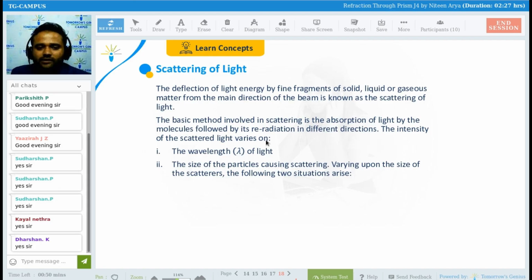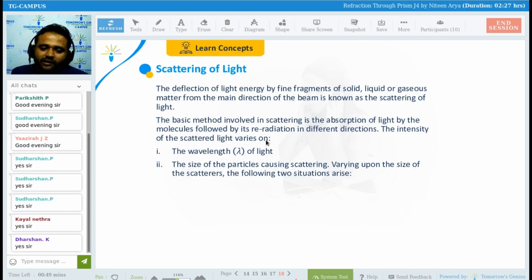Here what is written over there: the deflection of light energy by fine fragments of solid, liquid or gaseous matter from the main direction of the beam is known as scattering of light. The basic method involved with scattering is the absorption of light by the molecules followed by its re-radiation in different directions. The intensity of scattered light varies on the wavelength of light and the size of the particle.